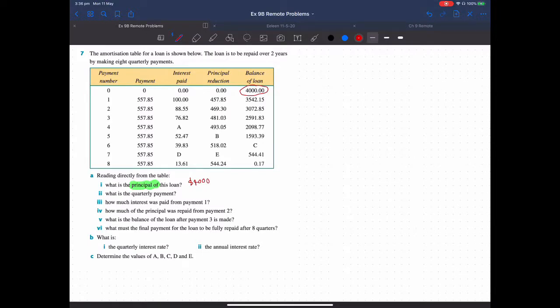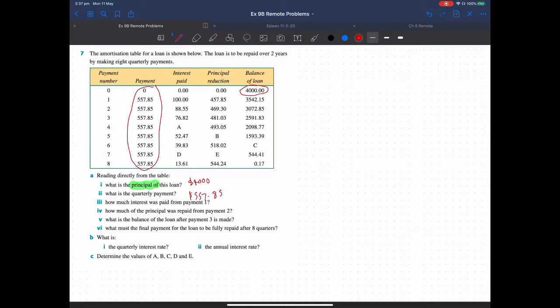The second part of the question says, what is the quarterly payment? The quarterly payment is the amount that you pay each quarter. So if you look in the second quarter, you can see there is a regular payment of $557.85.